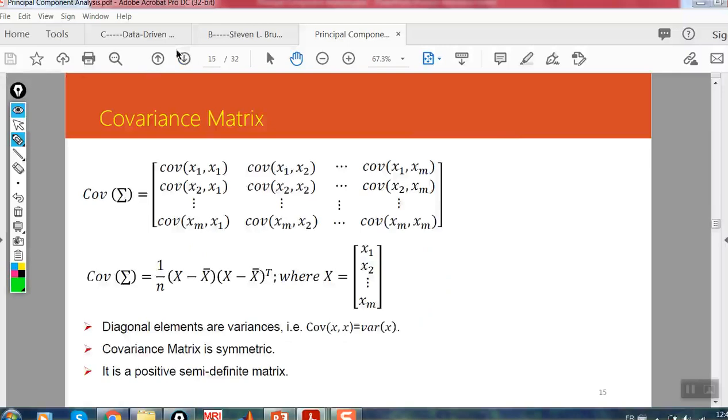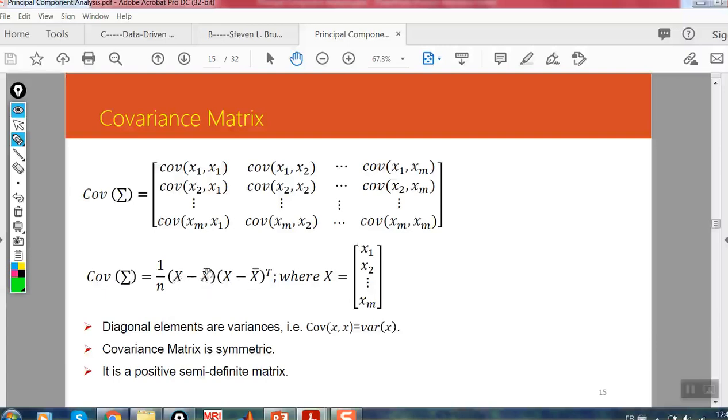Okay, and now if you want to rewrite the covariance with matrix representation, if we have an x vector like this, then we can calculate the covariance. At first we must calculate the average of this data.